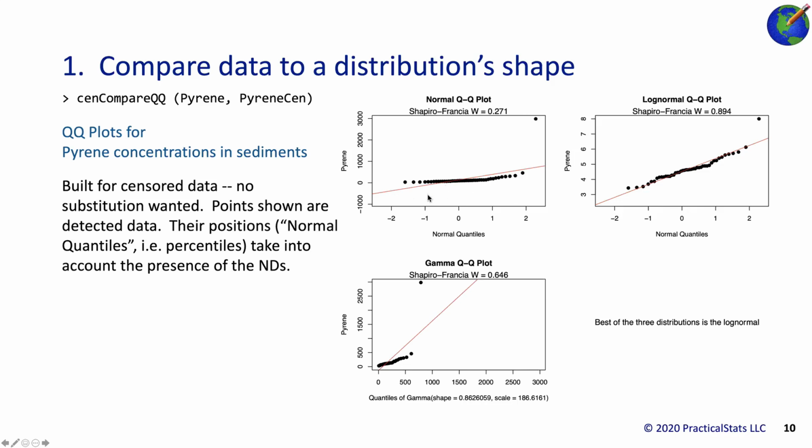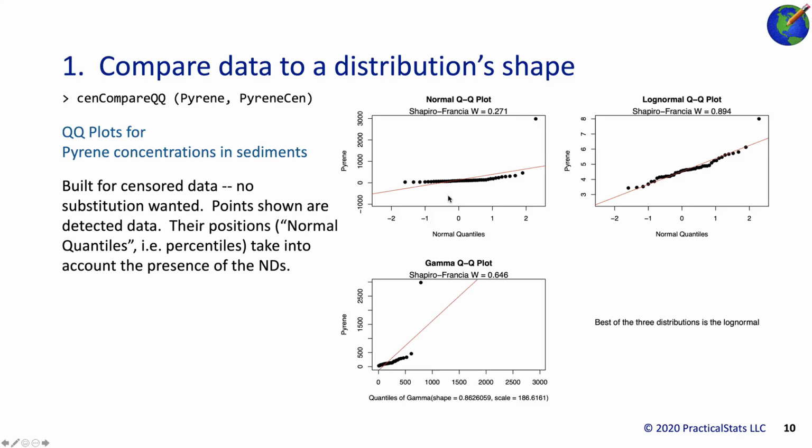And so these kinds of plots take into account the nondetects when computing what quantile or percentile. This is just a linearized set of percentiles with the 50th percentile at 0 in the middle. It is just putting all of the detected values at the positions that they would have if all of the data had been above the detection limit.